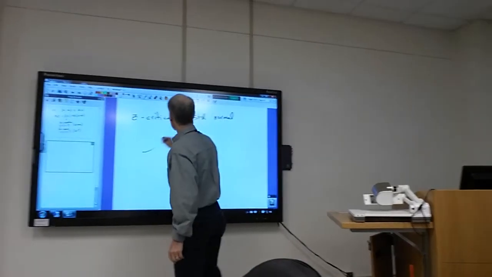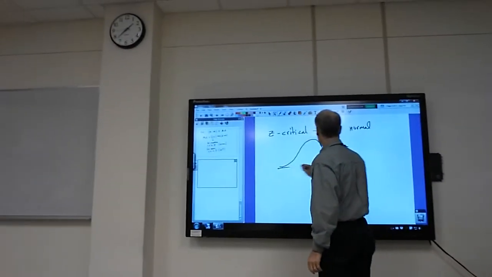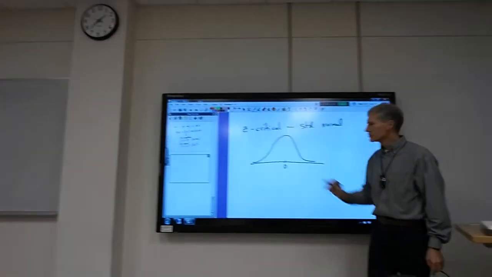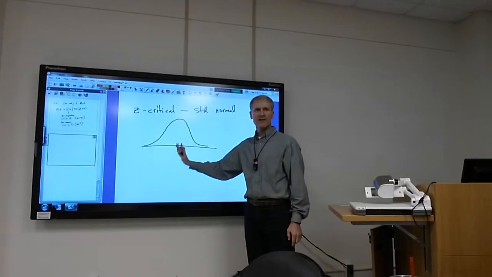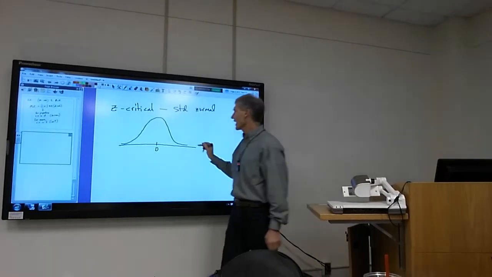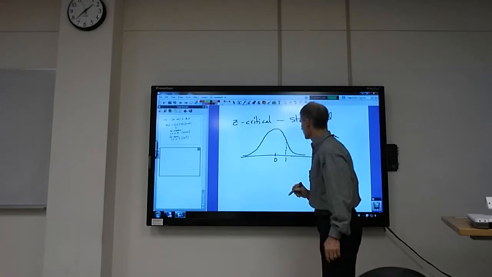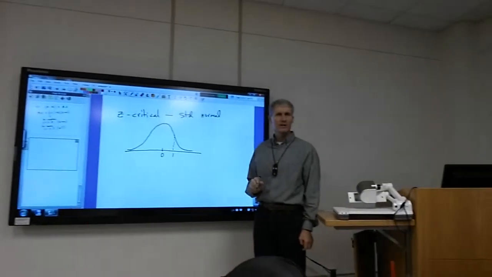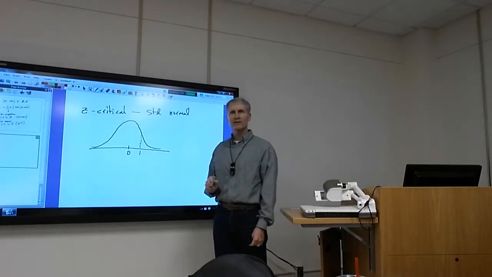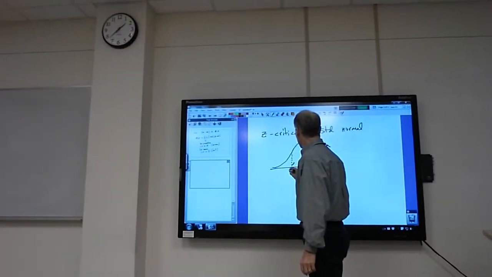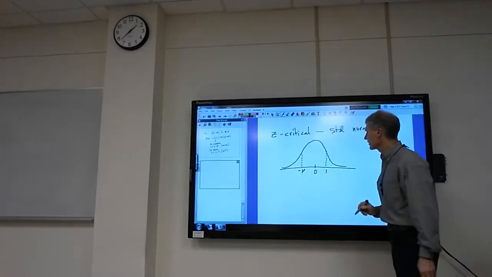So if you draw it, it's going to be centered at 0, which means half of the values are negative, half of the values are positive. And halfway down the hill, we'll be out at 1. One standard deviation is the number 1 in a standard normal. So 1 and negative 1.